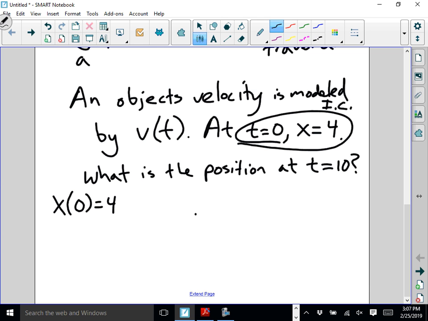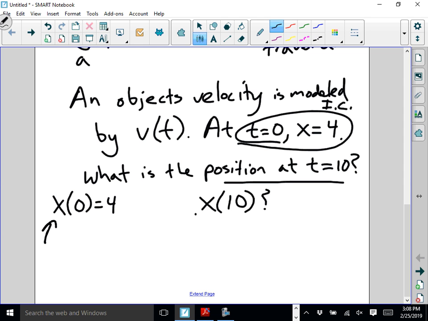Well, again, you can think of this in a couple of different ways. If you think about it from our previous video, we can figure out x of 10 by doing initial condition plus our integral, right? Again, I'm looking for the position at t equals 10, so I want to know x of 10. Well, position is the antiderivative of velocity.